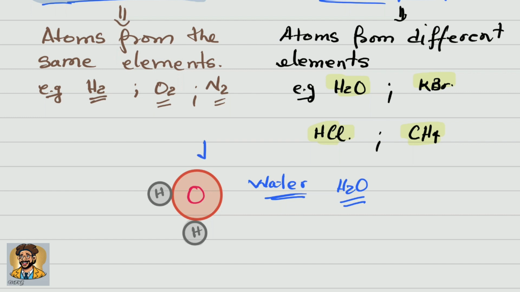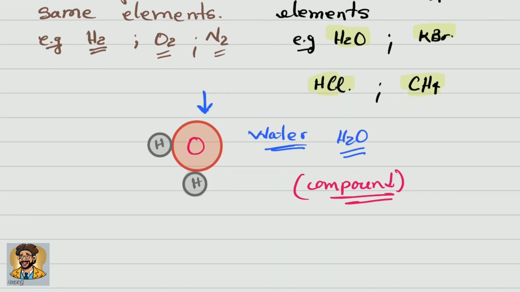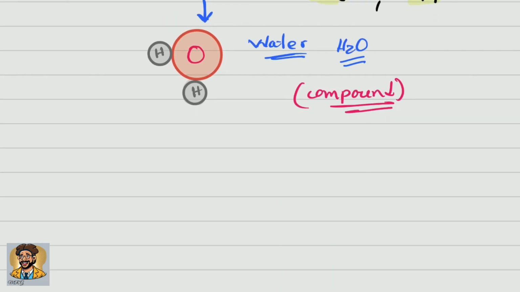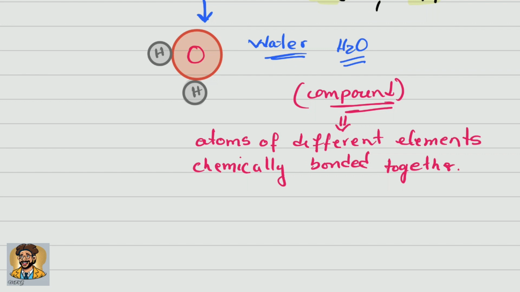This one is the molecule of water, and this is what we call a compound, because there are two or more different atoms, or atoms of different elements, combined in a fixed ratio, and they are chemically bonded. Now, what is a compound? That is a combination of atoms of different elements chemically bonded.